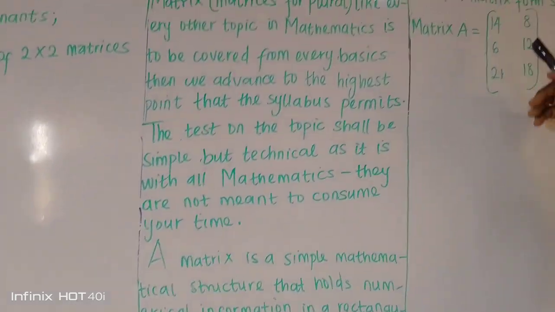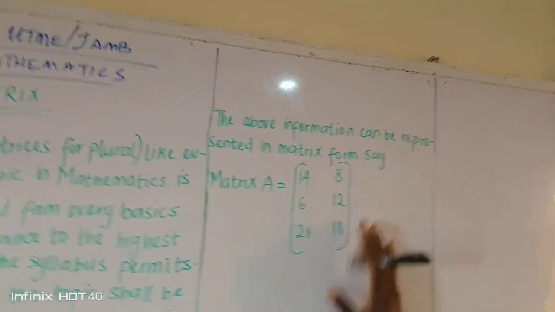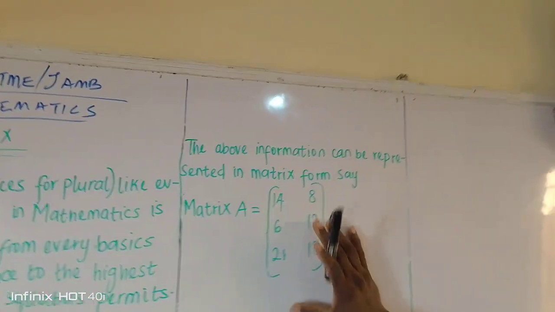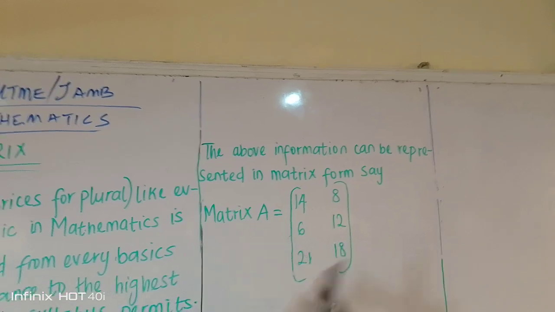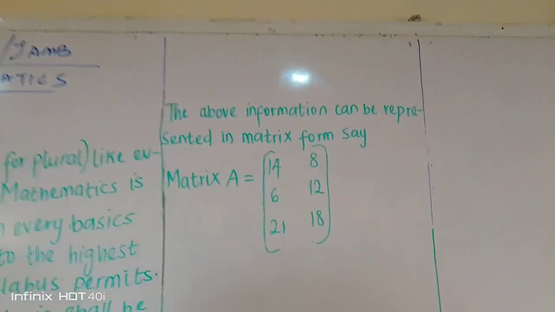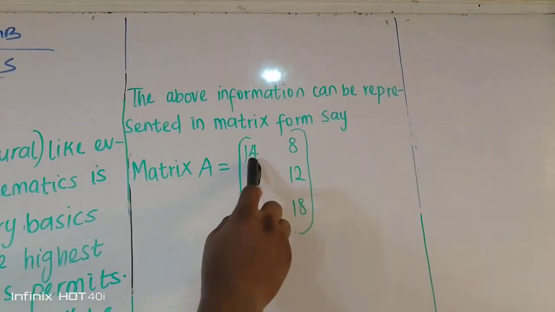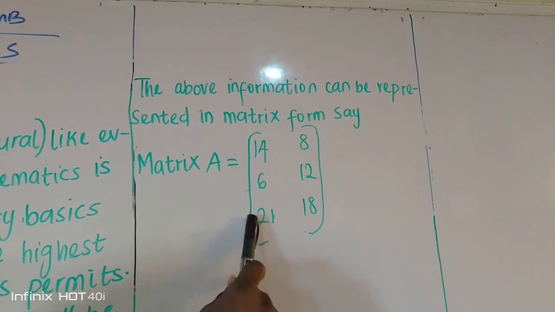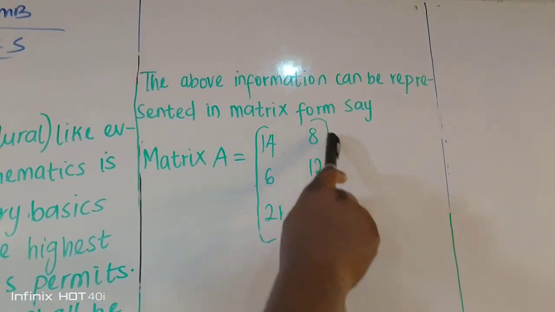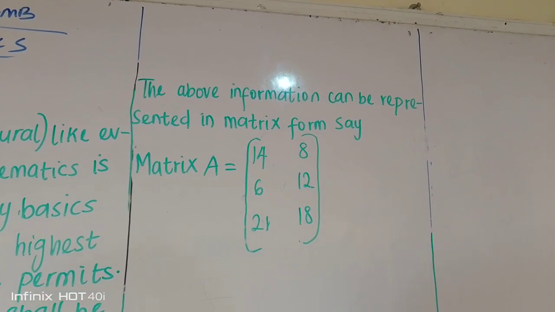If you move to this part of the board, we can represent these data in rows and columns. So I call this matrix A, where this stands for SS1 boys, SS2 boys, and SS3 boys, while this stands for SS1 girls, SS2 girls, and SS3 girls.